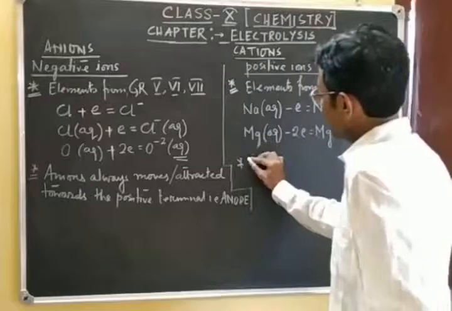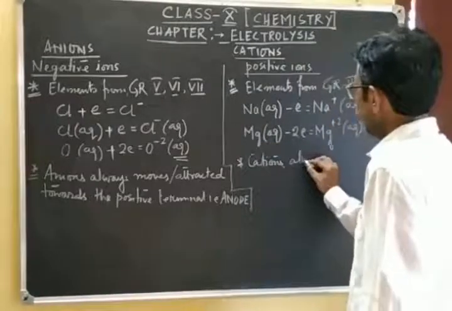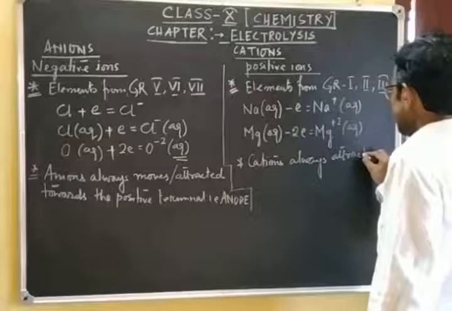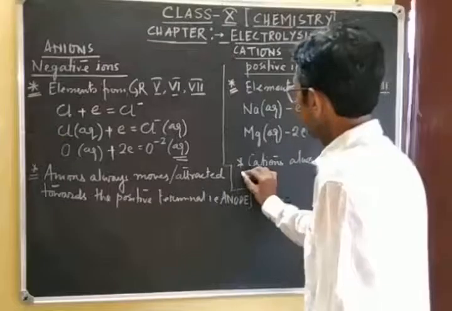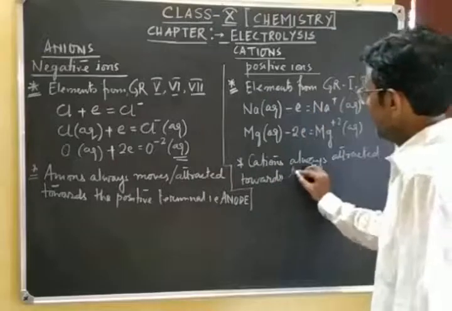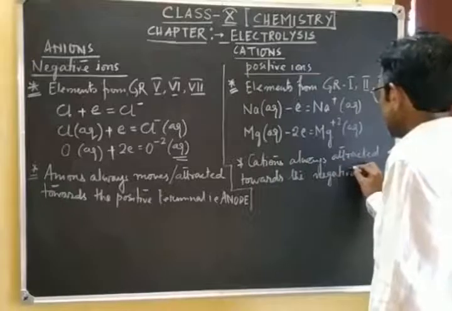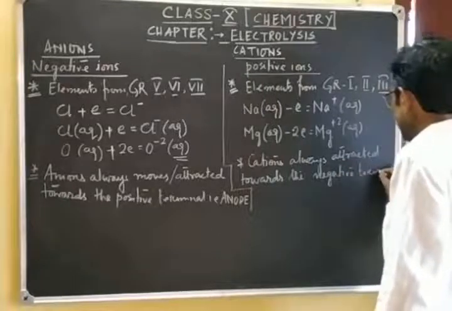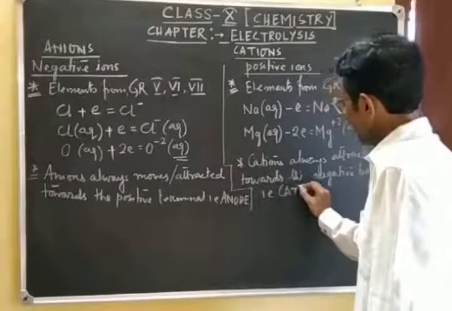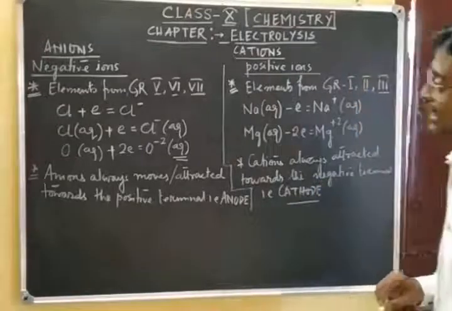So cations are always attracted towards the negative terminal, that is cathode. So this is about anion and cation.